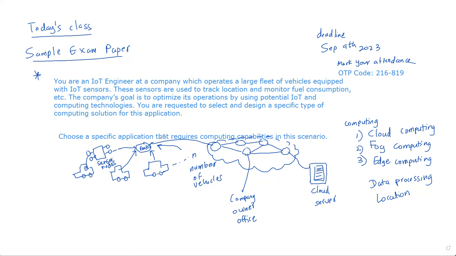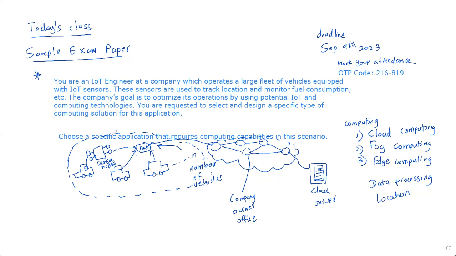So the edge of the network lies at the boundary, where the access point and the sensor nodes lie in the network. Okay, so in this case, the sensor nodes are located in the vehicles, and the data is communicated from the sensor nodes to the access point.